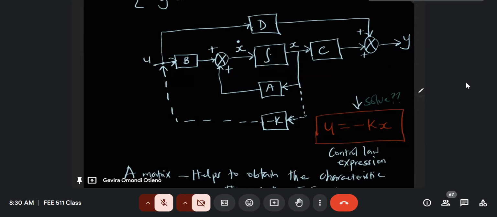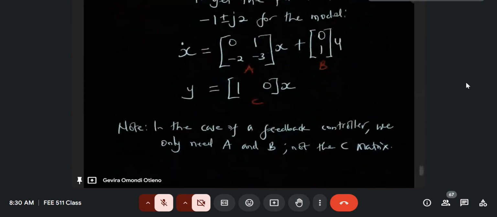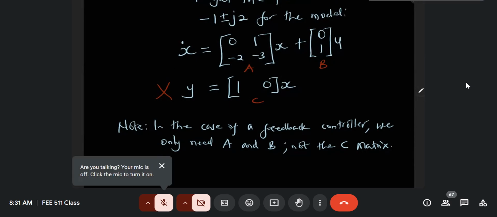It's not important in the feedback controller design. So you can always see that as much as you're given an expression that involves the state equation and the output equation, we are never interested in the output for design. We design with the input as our reference, not the output.